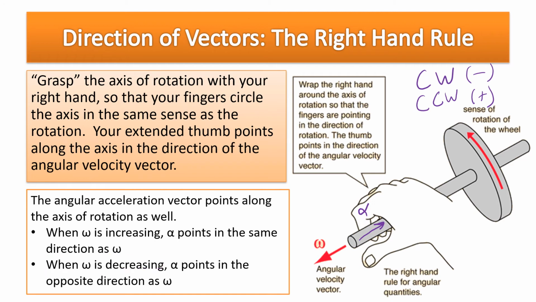So it says when the angular velocity is decreasing, your angular acceleration is pointing in the opposite direction. So this is the wheel slowing down, something's causing it to slow down, or maybe something is causing it to speed up. And if the angular acceleration is 0, it's a constant angular velocity.